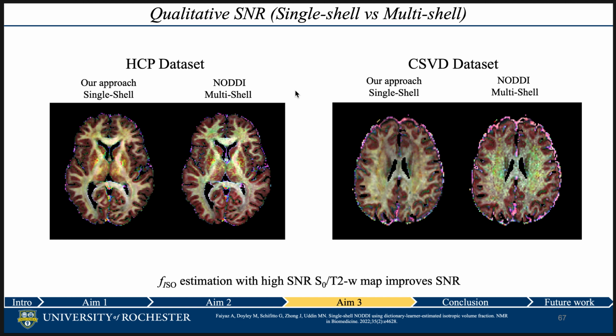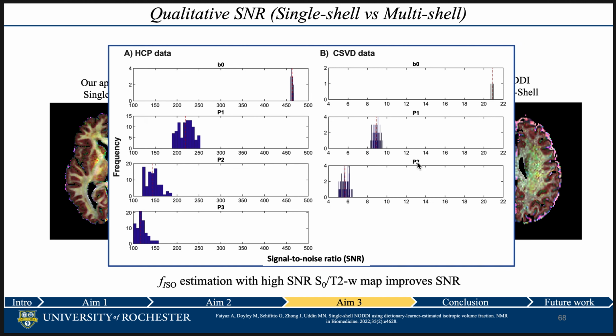So we compared our result by using a very high quality HCP dataset, Human Connectome Project dataset, and a clinical dataset, which is a cerebral small vessel disease dataset. Using single shell, we saw that our result was getting a very high SNR. And this was not only because we were using deep learners, which generalize the results generally, but also because our priors had very high SNR values.